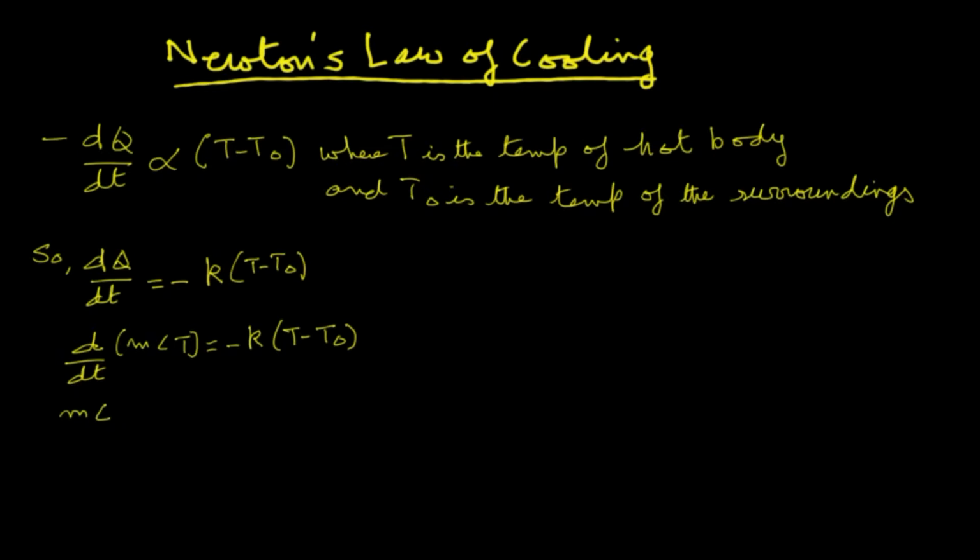The product mc being constant, we write it as m c dT by dt, and then take the product mc below k on the right hand side.